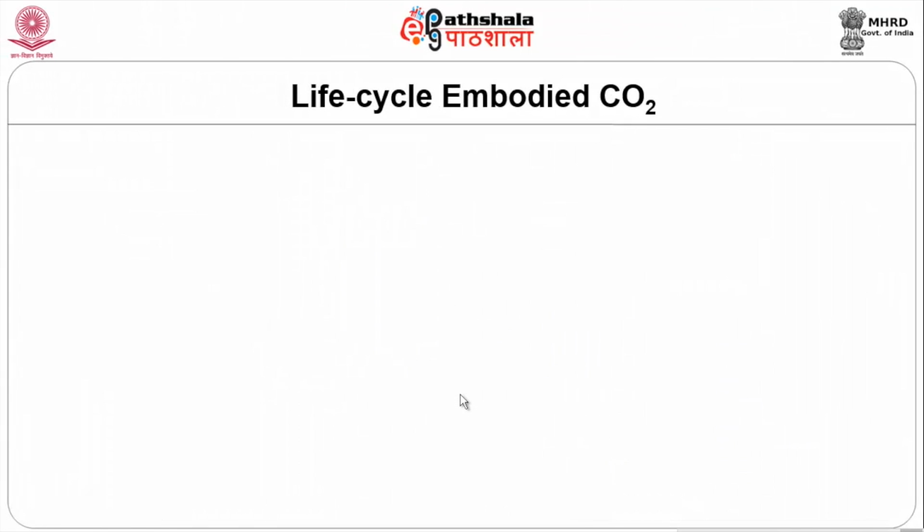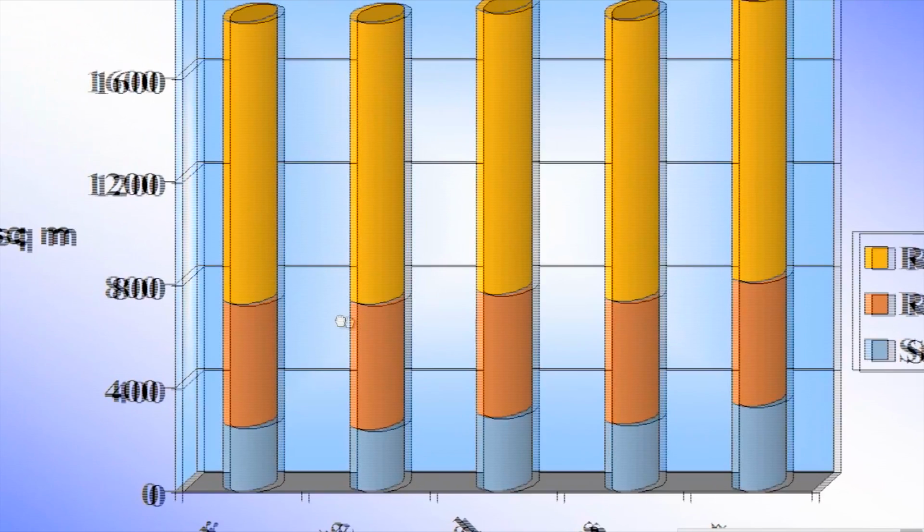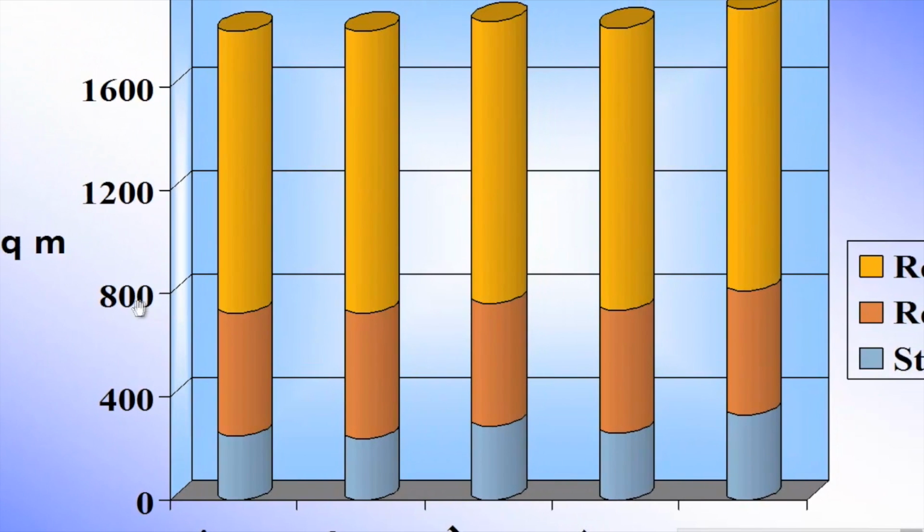Now, if you look at the life cycle embodied carbon dioxide graph chart, similarly, it ranges from 0 to 2000 kg per square meter emissions. Again, the various construction typologies used in the buildings like slim floor, composite, reinforced, cell beam and precast differ more or less. The value lies similar, at 400 to 800.